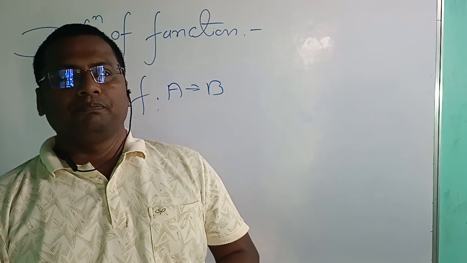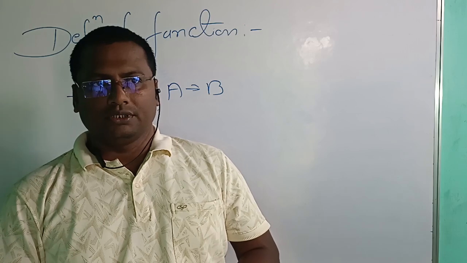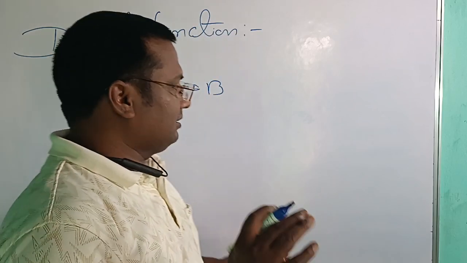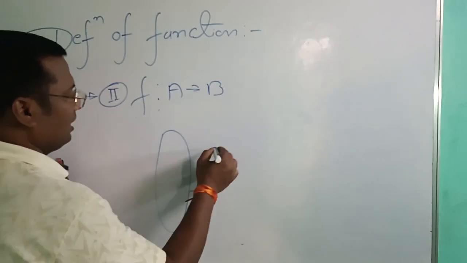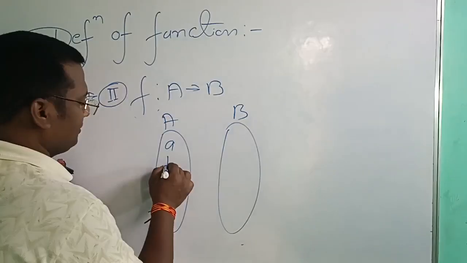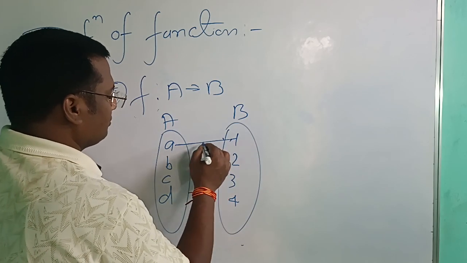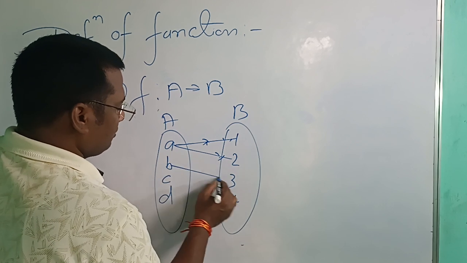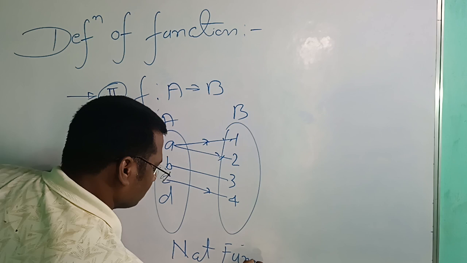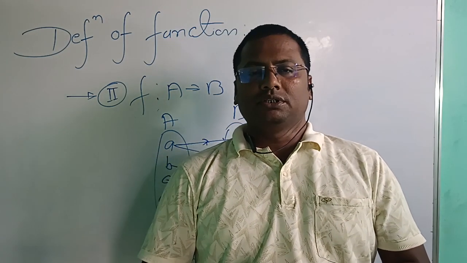It is impossible to have more than one image in set B for a specific element in set A. Suppose you have set A and set B, with a, b, c, d and 1, 2, 3, 4, and one element has two images. This is also not a function. So these two are the important points related to function.